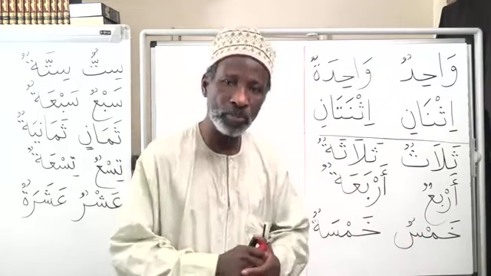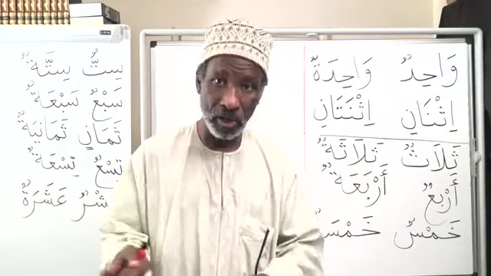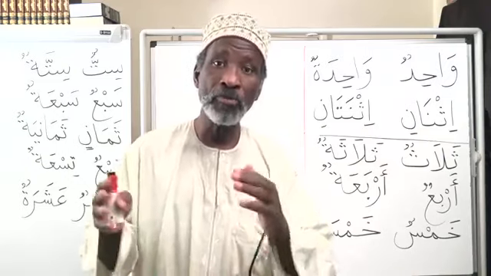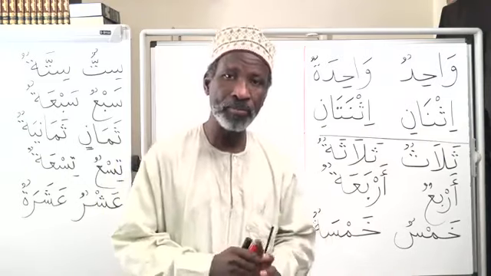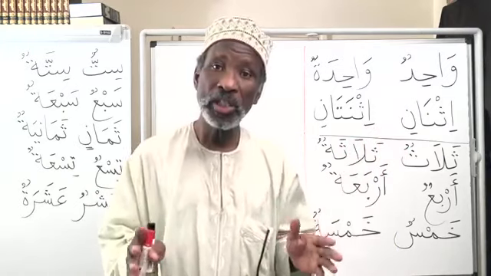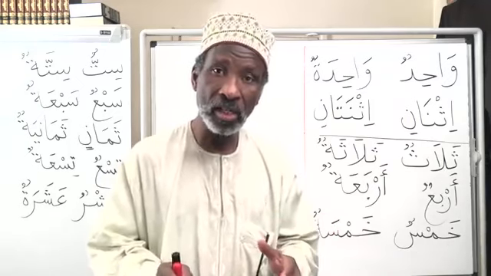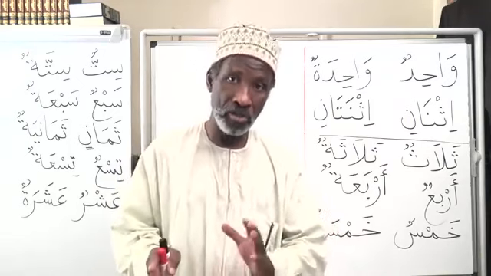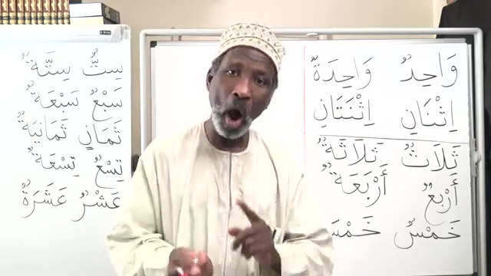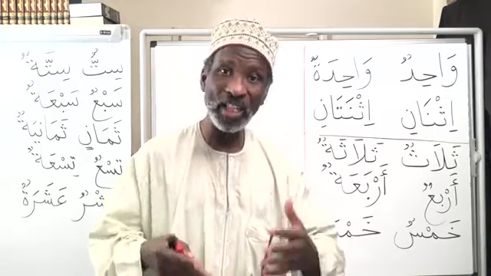Couple of notes for you. Note number 1, these numbers 3 to 10 will come first before the noun, unlike number 1 and number 2. Note number 2, the gender of these numbers 3 to 10 will be opposite of the noun that you are counting.